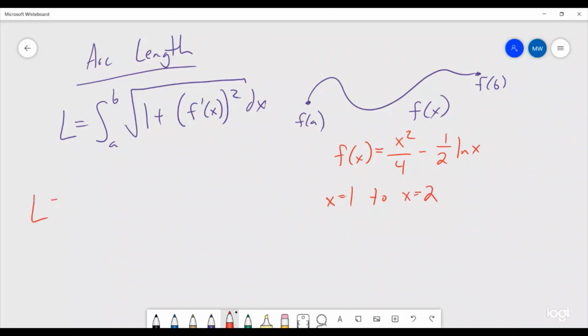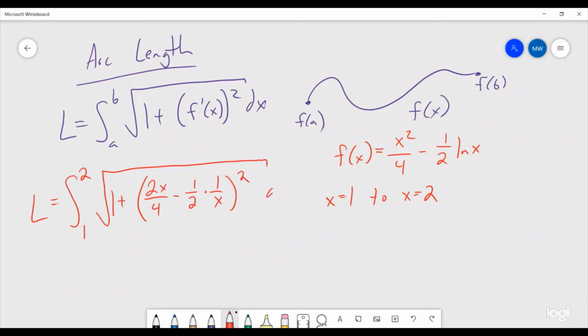So the length is going to be the integral from 1 to 2 of the square root of 1 plus the derivative of f squared dx.